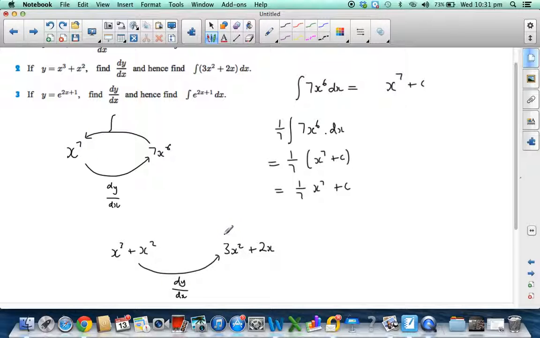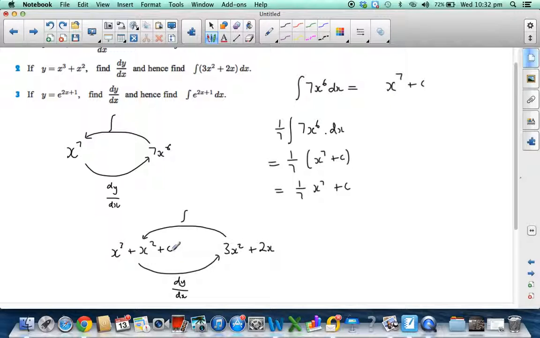Okay, so when I go backwards this way, I know that's my integral. So how is 3x squared plus 2x different there? Well, it's not. So I know that going backwards, it's going to be the same. So the integral of 3x squared plus 2x will be x cubed plus x squared plus c in this case here.